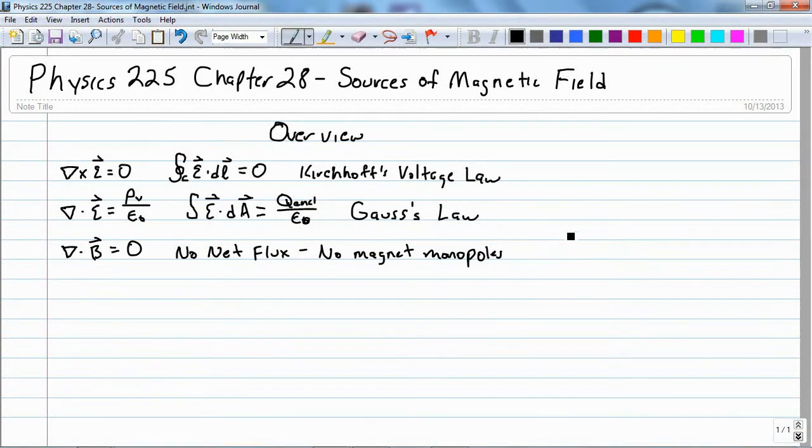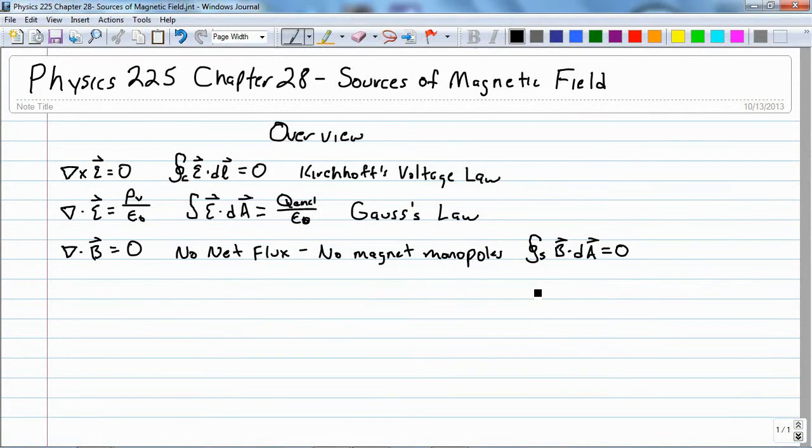And if we were to put this into an integral using the divergence theorem, then we would have that the surface integral of the magnetic field dot product of the area is equal to 0.